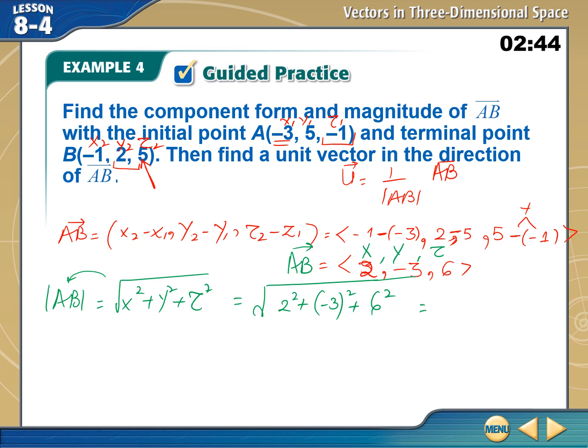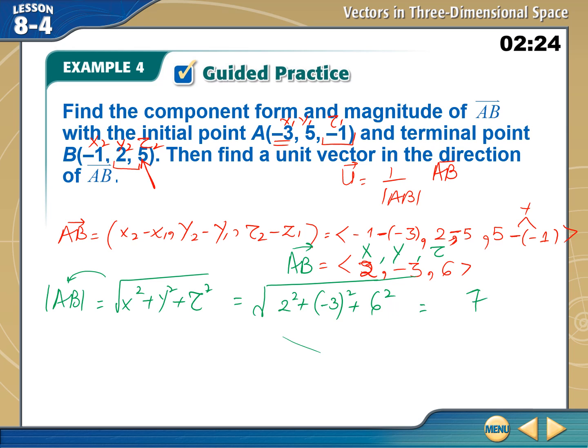Write them in the calculator as you see. 2 squared means 4, negative 3 whole squared means 9, and 6 squared means 36. So it is the square root of 49, and the square root of 49 gives us 7.